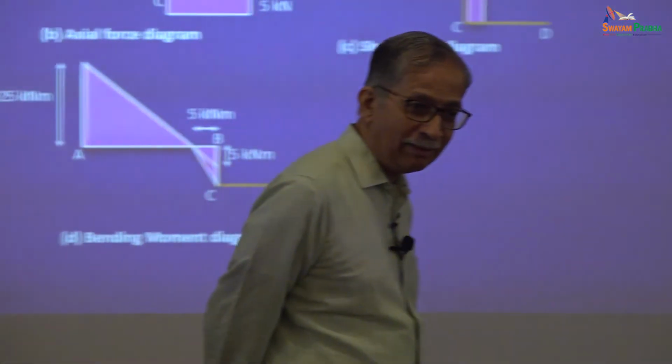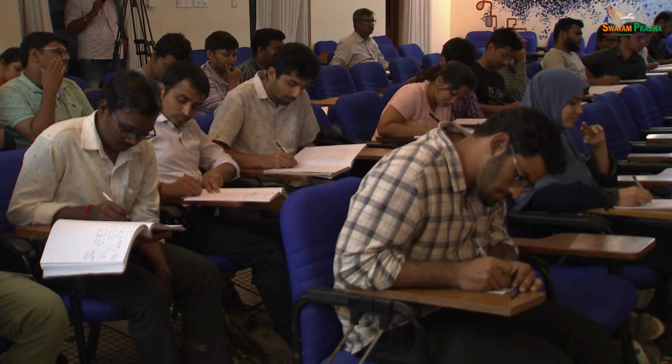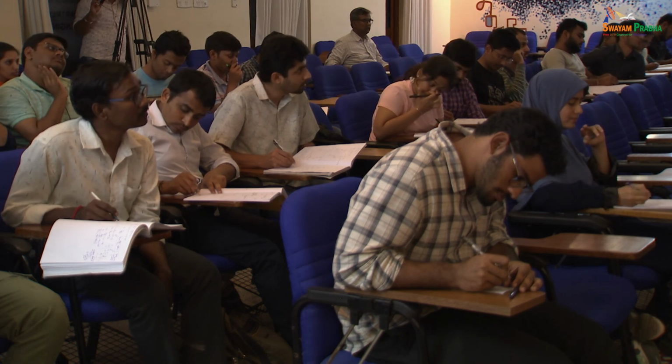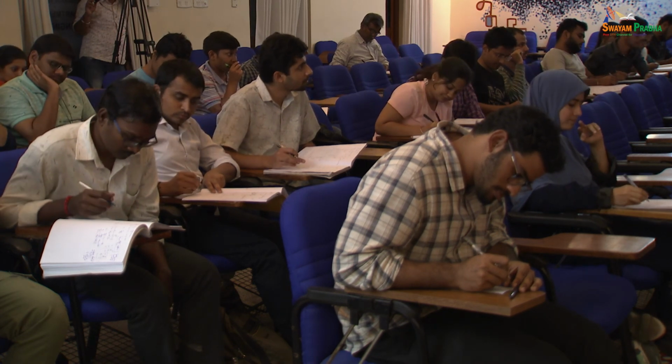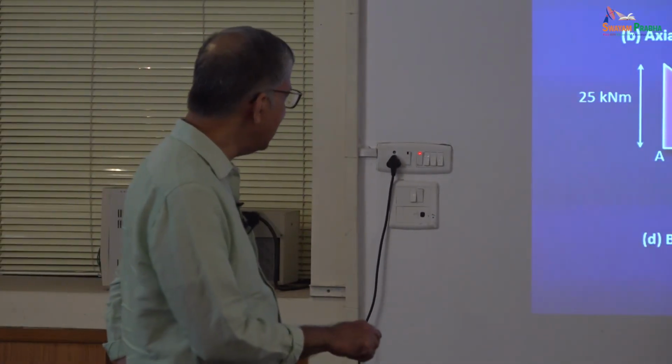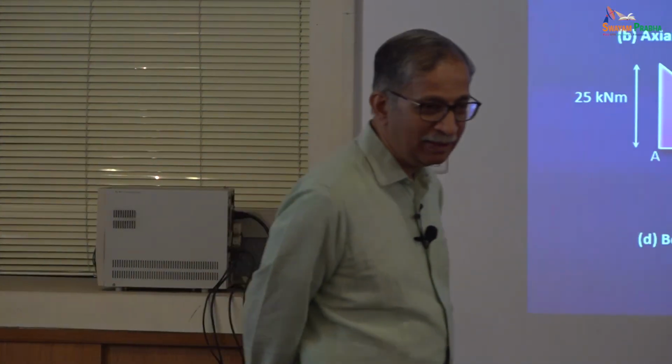Now try drawing the deflected shape. In your deflected shape, CD will be straight, BC will bend such that you have tension on the left side, and AB will also bend, interestingly, such that you have hogging over most of the region and a little bit of sagging.